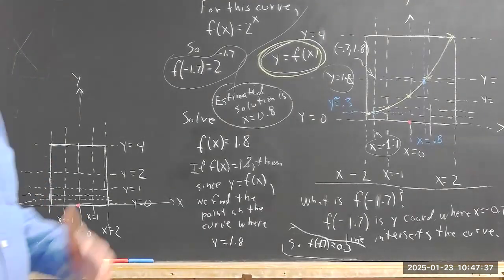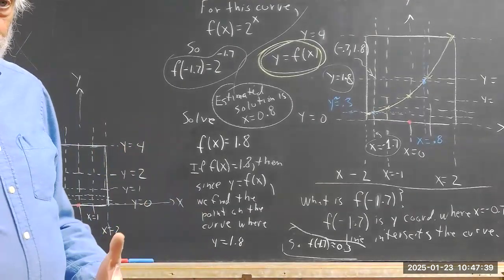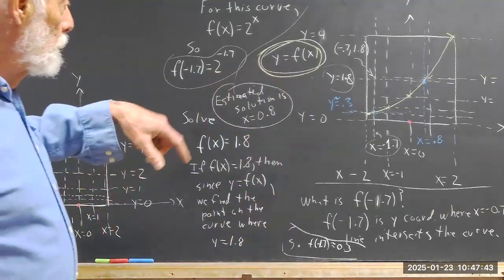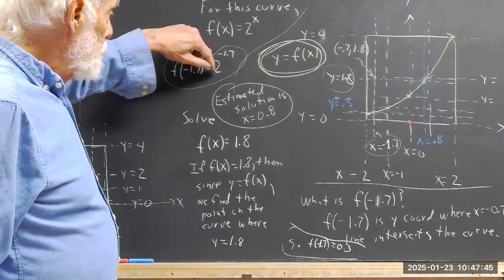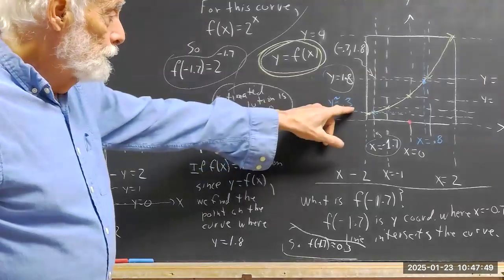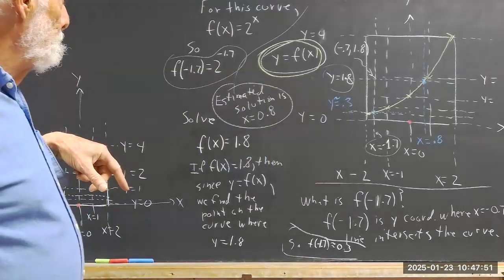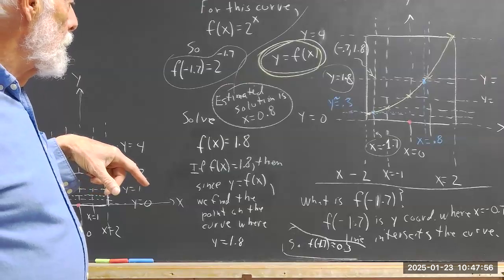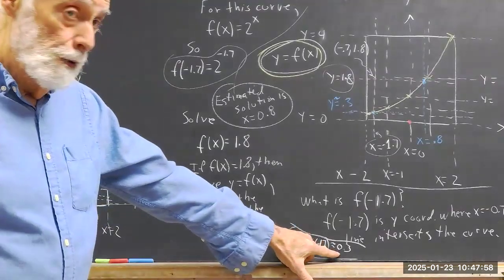Okay, now you can see how accurate we are by taking a calculator app on the phone or whatever, and calculating 2 to the negative 1.7 to see how close we get to 0.3 in our estimate here.